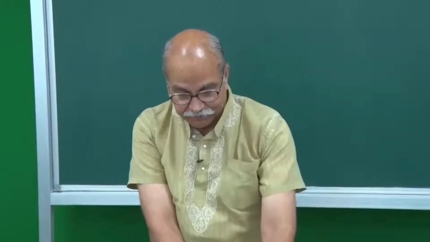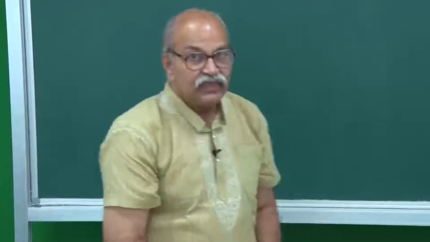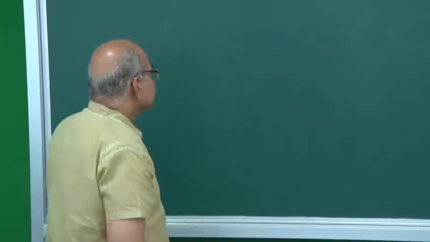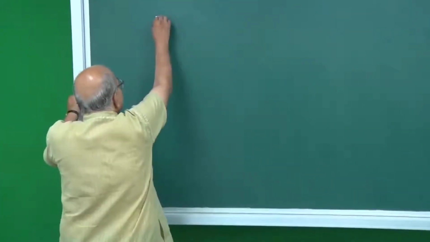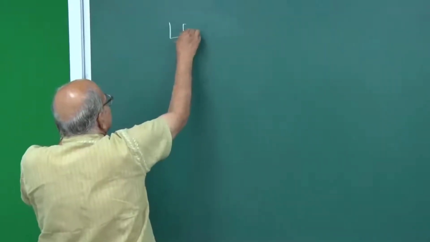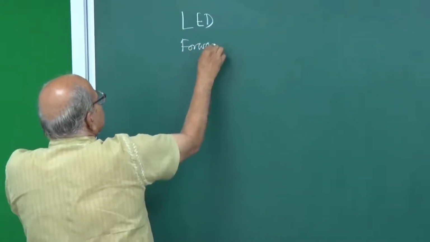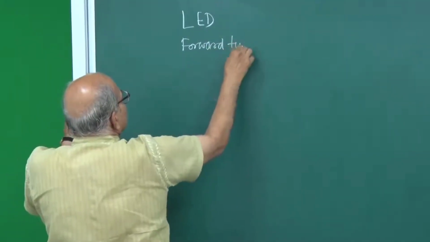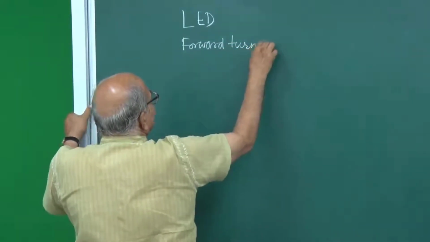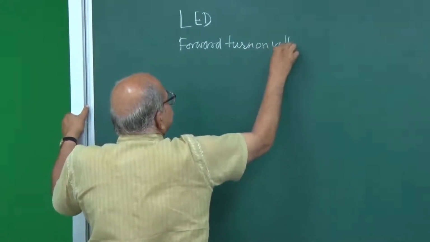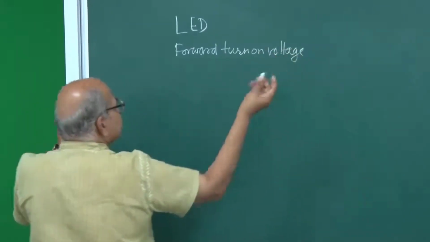So typically, for these LEDs, the forward turn on voltage depends on the color.